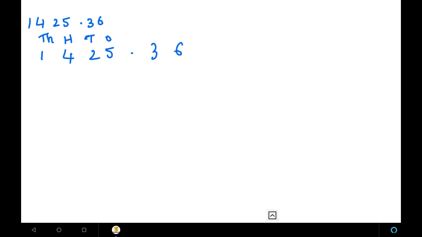So we have found the place values for the numbers which are not decimals. Now for the decimal numbers, that is after the point, the first value is 3. This is the tenths place. And 6 is in the hundredths place.